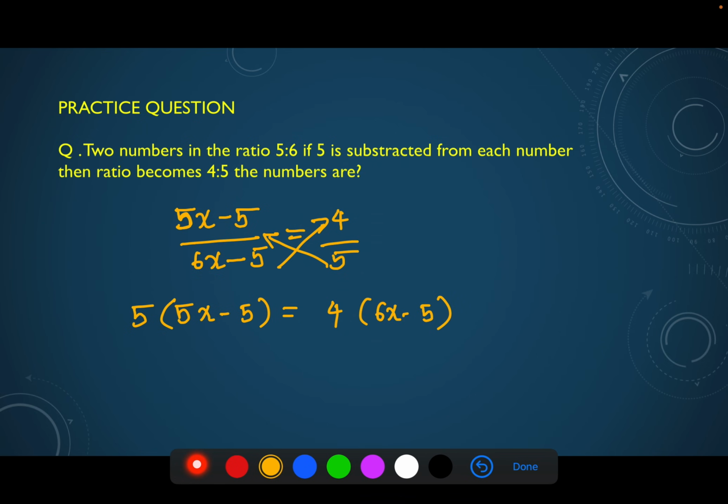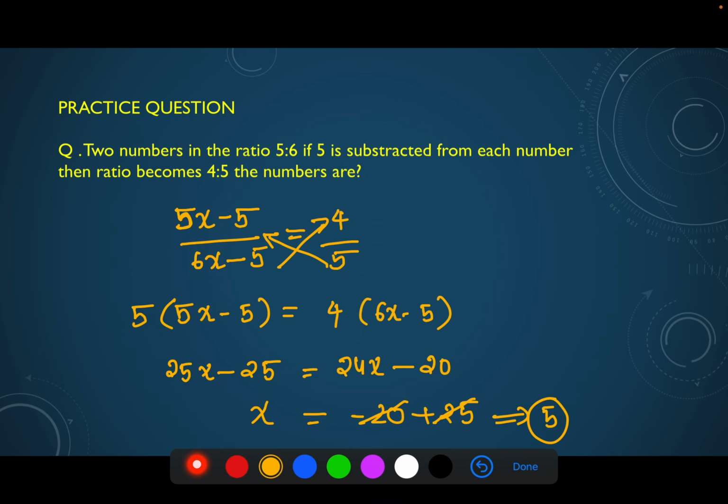If we solve this, 25x minus 25 is equal to 24x minus 20. If you interchange the terms, 25x minus 24x is equal to 25 minus 20. You get x equals 5.